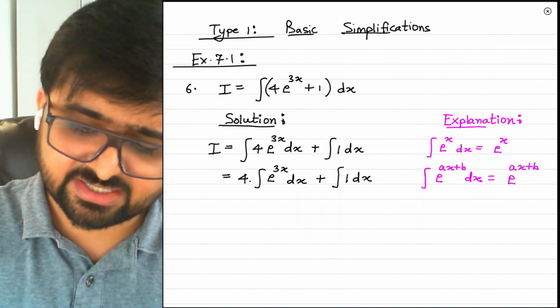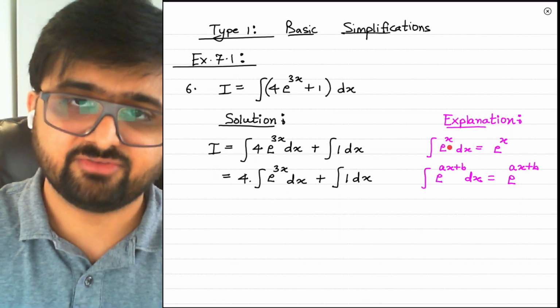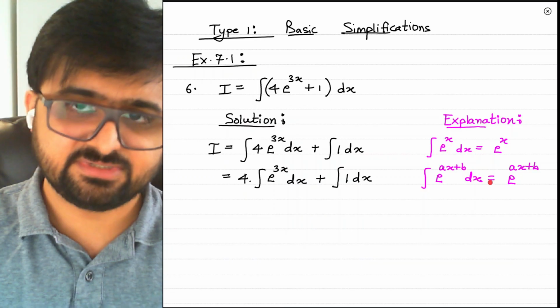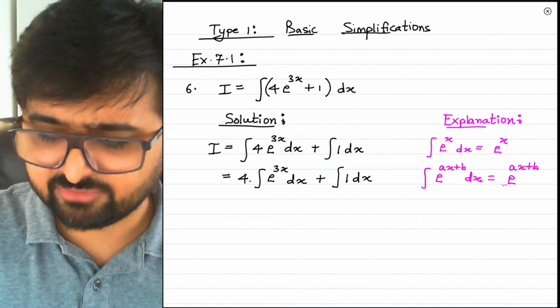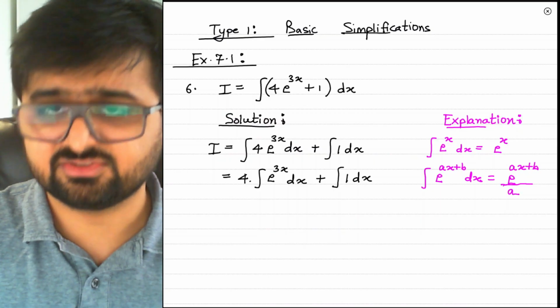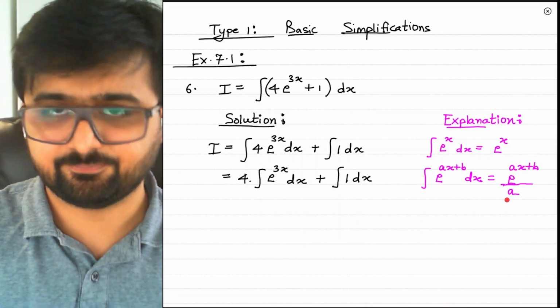So the same formula can still be applied. Integral of e to the power x is e to the power x. Integral of e to the power ax plus b is also e to the power ax plus b. However, you just divide by the coefficient of x.